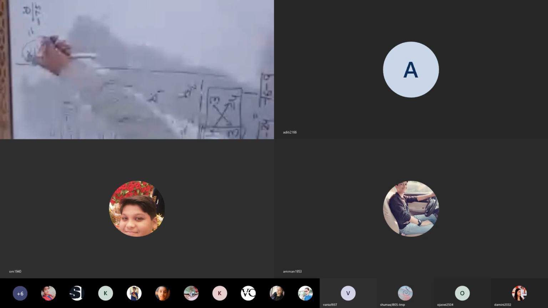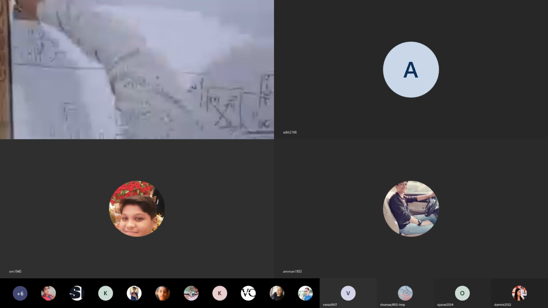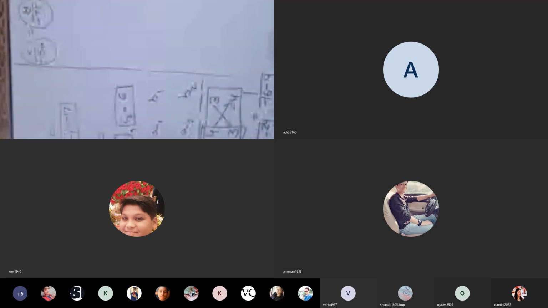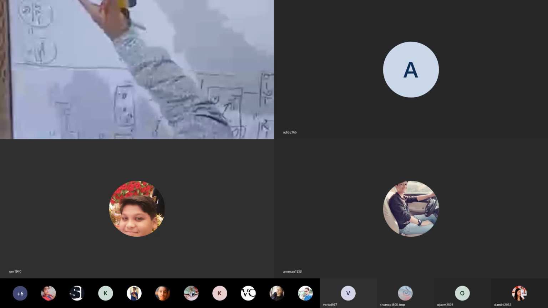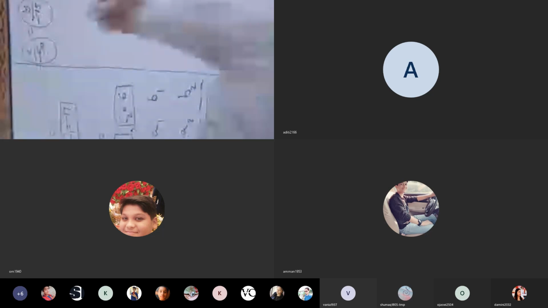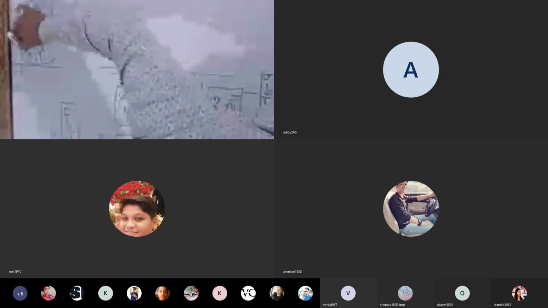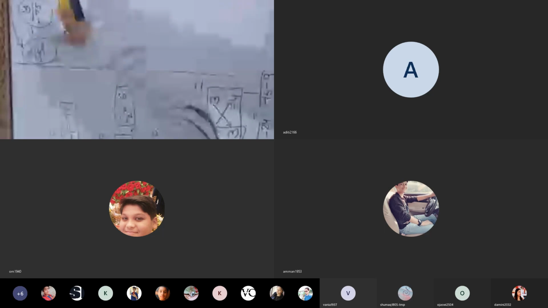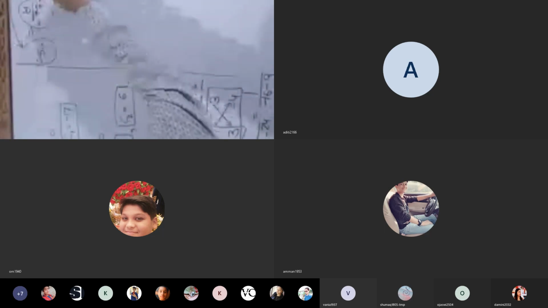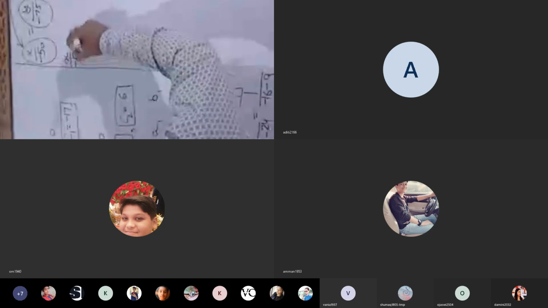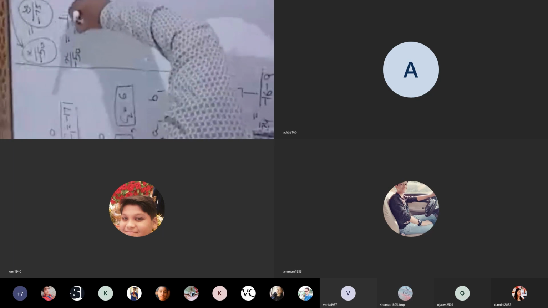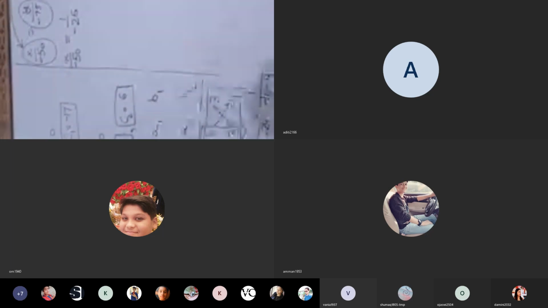You don't know the value of which one? X. In this also you don't know the value of Y. But in this, no unknown term is there. So what we will do? We will take these two numbers together, in between these the equal to sign is coming. So you have to take x upon minus 50 is equal to 1 upon minus 25.